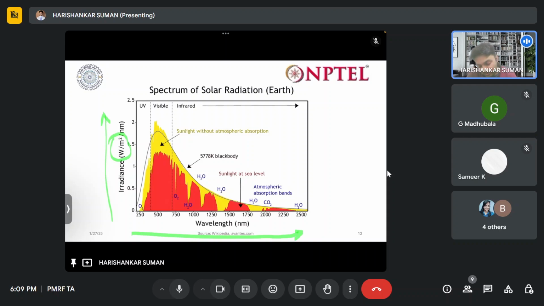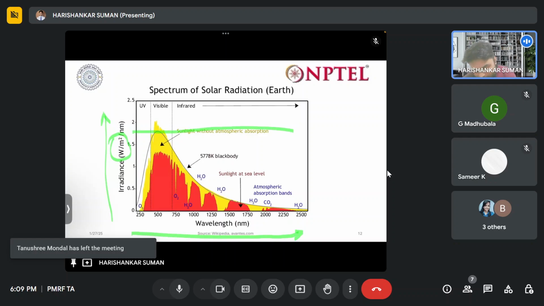Where is the maximum irradiance? You can see the maximum here, in this range. Yes or no? This is the highest point of the y-axis. Yes.